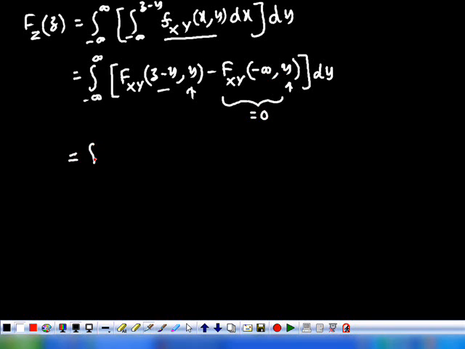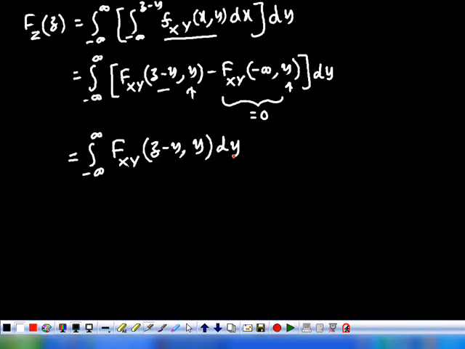Therefore, this can be written as integral from minus infinity to plus infinity f_XY(z minus y, y) dy. If you observe, this integrand is a function of z and y.